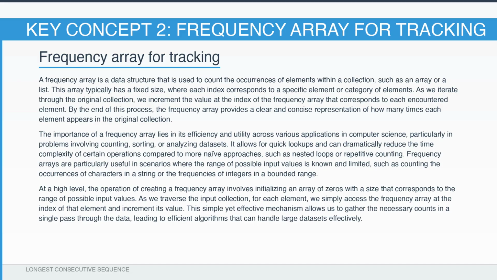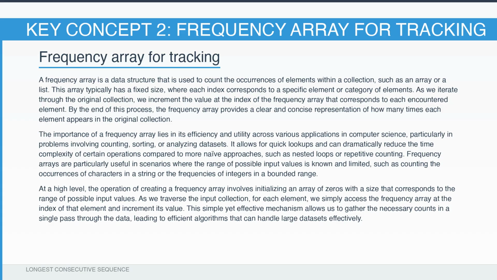A frequency array is a powerful tool for counting occurrences within a collection, like an array or a list. Think of it as a scoreboard that tracks how many times each element appears. Each index in this array corresponds to a specific element. So, if we have a collection of numbers, the index represents the number itself, and the value at that index shows how many times it occurs.